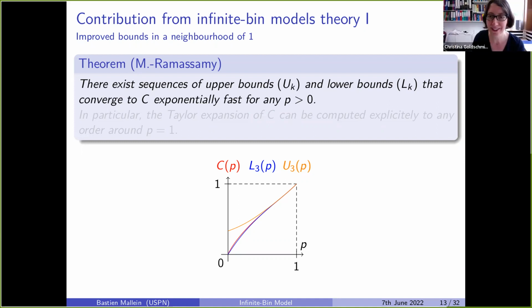Any other questions? Yeah, can you say a little bit more about the k-server model that you mentioned at the end? Yes. It's quite difficult to define exactly the model.